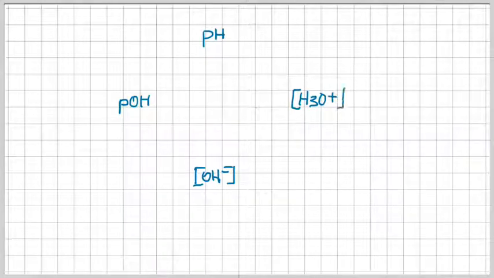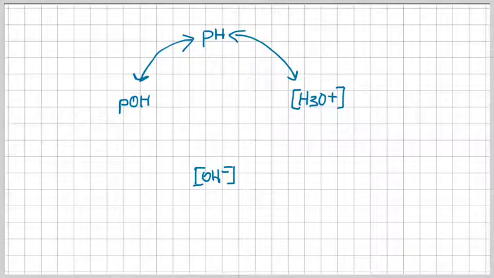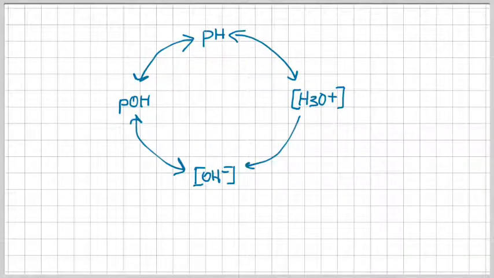So this is what I call the circle of pH. Those are the 4 quantities that we calculate, and there are relationships between them.